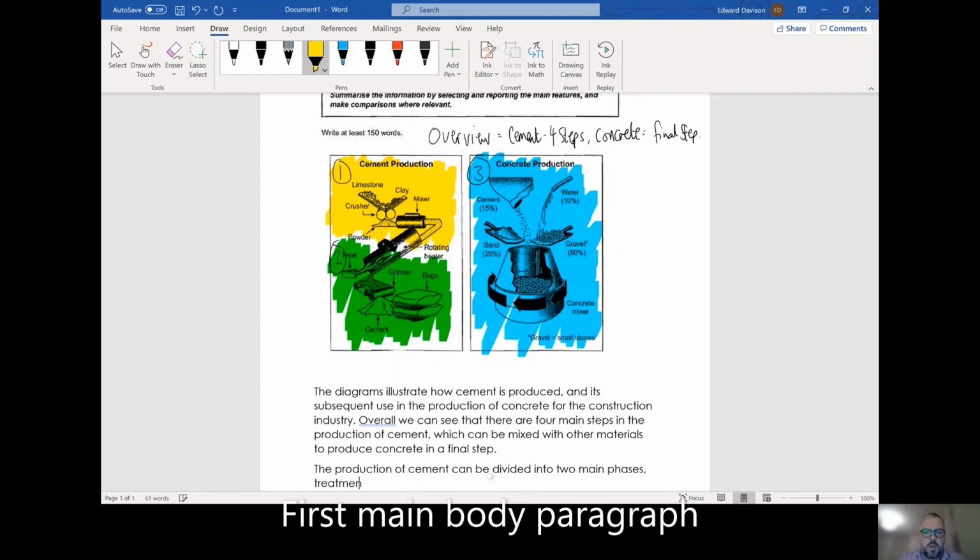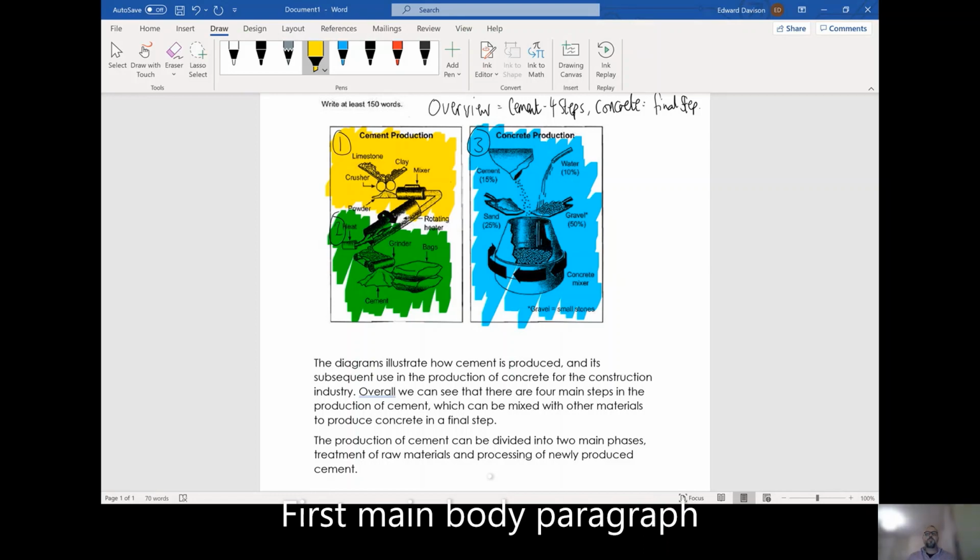Treatment of raw materials and processing of newly produced cement. Initially, limestone and clay are crushed into a powder between two heavy rollers.